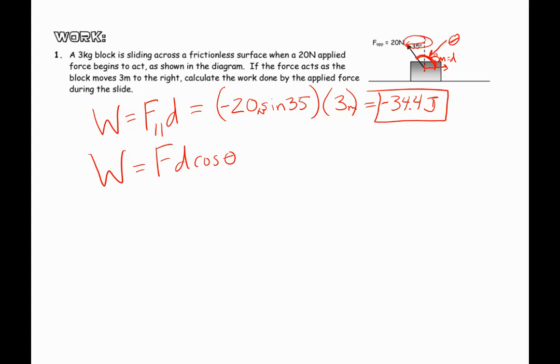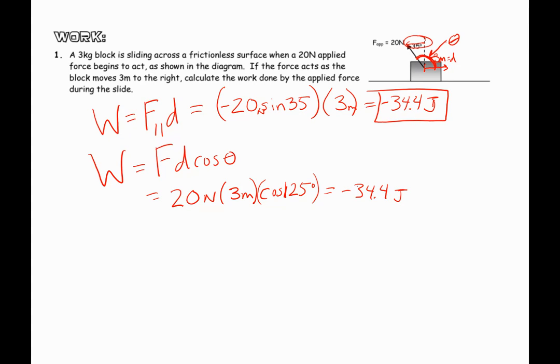F is our 20 newton force, 3 meters is our distance, and then our cosine of 125 degrees. And it's 125 degrees because it's 90 plus 35. And that is also going to give me negative 34.4 joules.